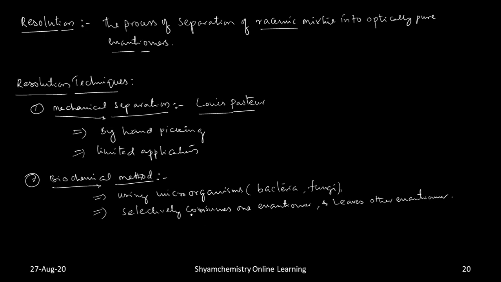For example, take a racemic mixture of ammonium tartarate solution and use penicillium glucum fungi.